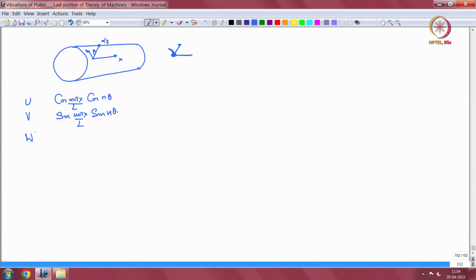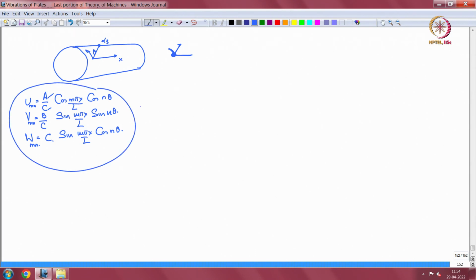In the transverse direction, it could be sin m pi x by L cos n theta, and each could have its own amplitude. In the mnth mode, all these will have mn subscript. So now this together is the mode shape.